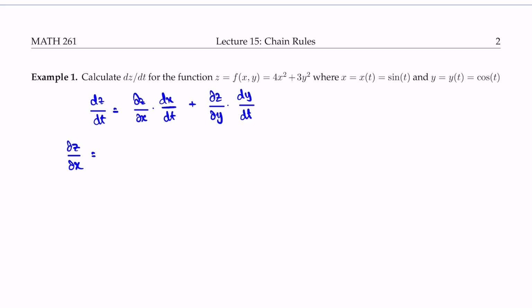In this context, you treat y as a constant and you take the derivative with respect to x only. So you have partial x of 4x squared plus 3y squared. That is, you have 4 times 2x plus 0 because the partial derivative of 3y squared with respect to x is equal to 0. Here you get 8x for the answer of partial z, partial x.